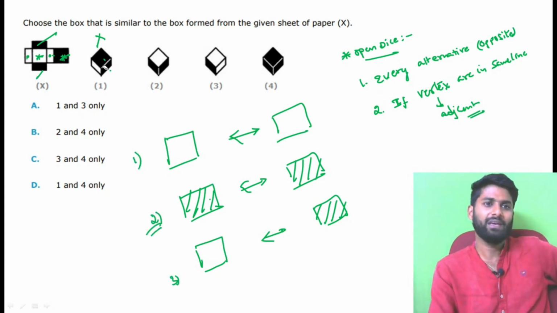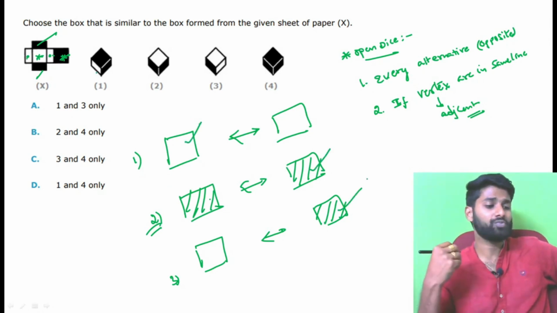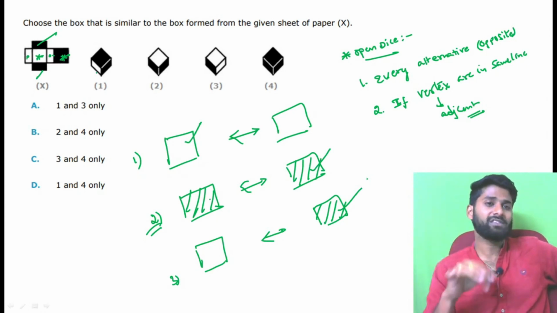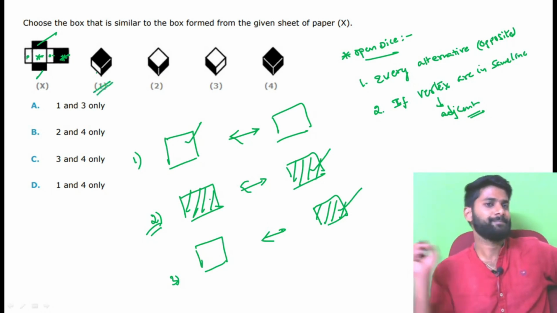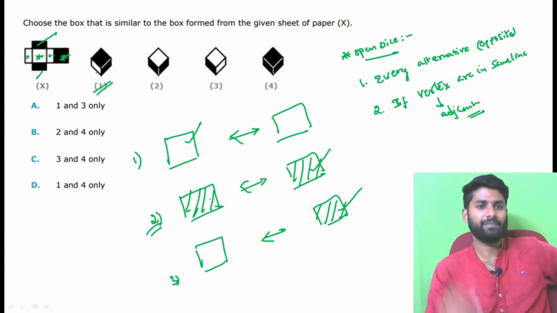See here, what are the chances? Maybe this is the one white space, and this is the dark space, and this is the dark space. If all these three spaces are given, we can get the answer. But if you say that is wrong, you can't decide anything from these two pairs given. That's why option one is maybe a chance.